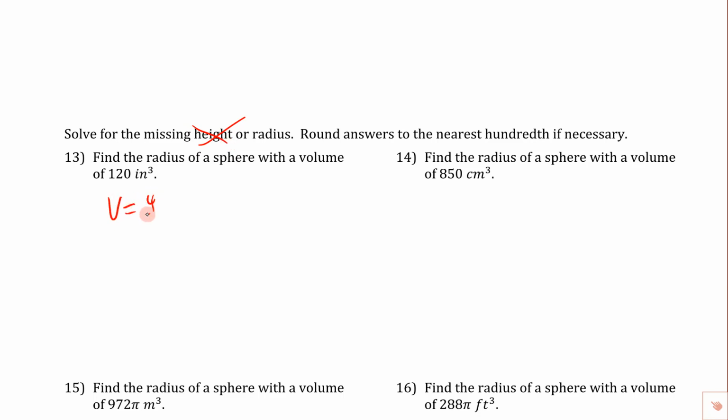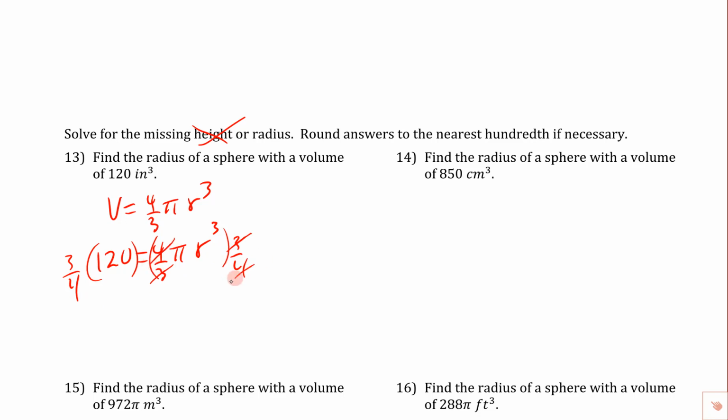So let's take this one right here. Again, the formula is 4/3 pi r cubed. They give us the volume, so this is going to be 120 equals 4/3 pi, and then we don't know the radius. So let's finish this off. First thing I'm going to do is get rid of the fraction by multiplying by the reciprocal. So I'm going to multiply by 3/4.